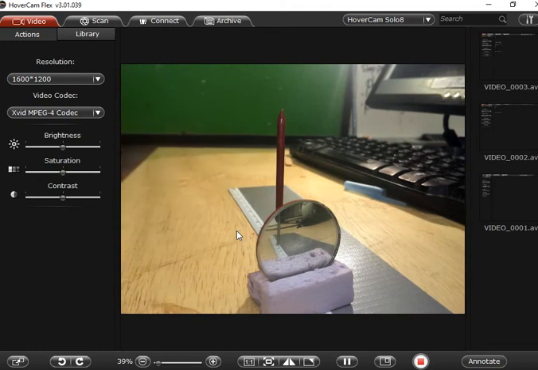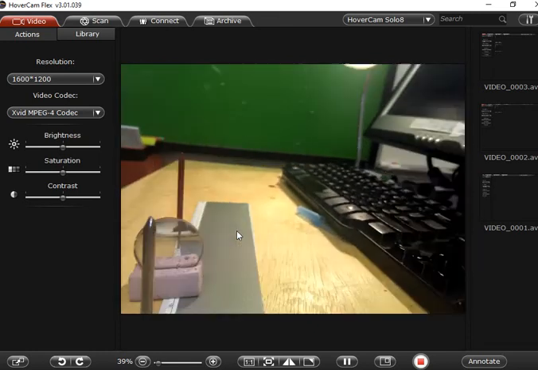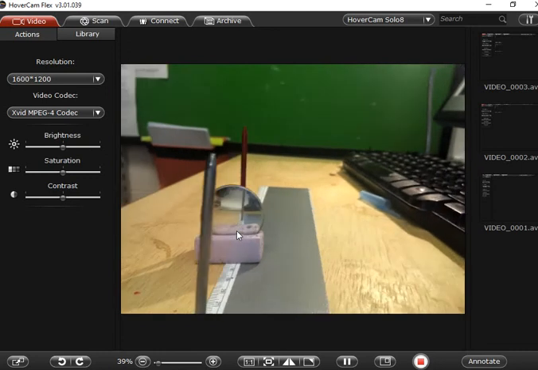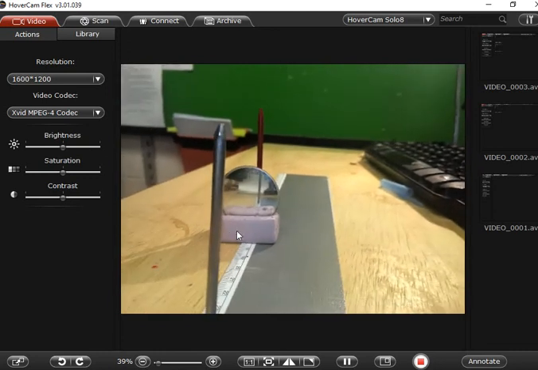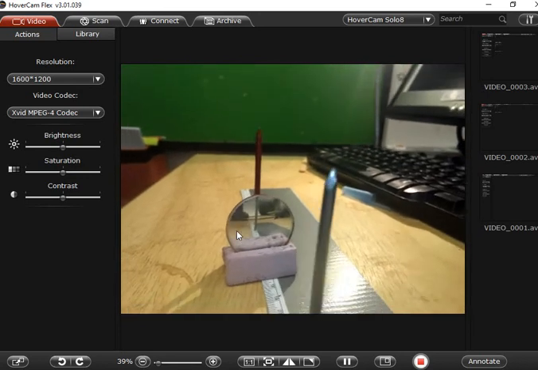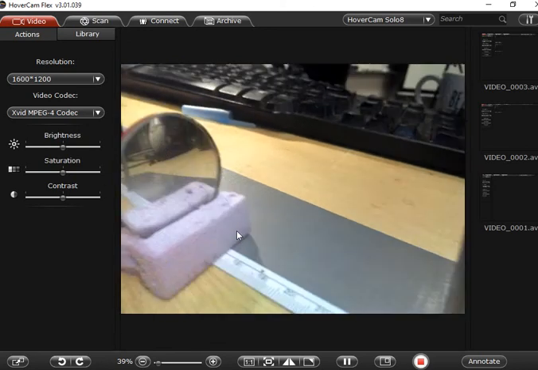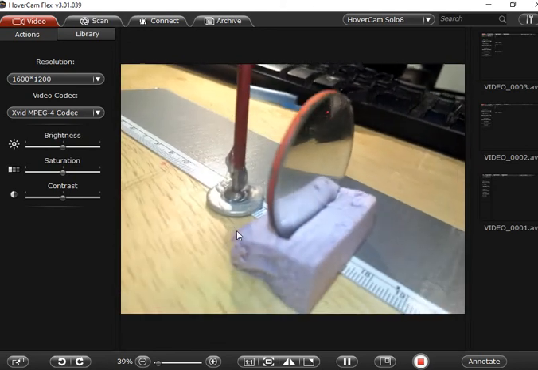Since they're lined up, no matter how I look at them, that means that they are in the same space, the same location in space. So the red nail is where the image is of the silver nail. The image and the red thing are in the same spot. Okay, so once again, the object location is 24. The mirror location is at 16.